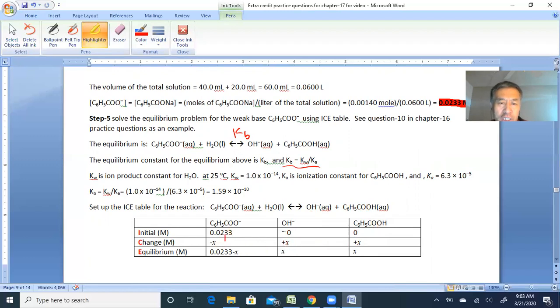So put together the initial and change, we get the base equilibrium expression is 0.0233 minus x. Then the concentration of hydroxide is x, and the concentration of the acid is x.